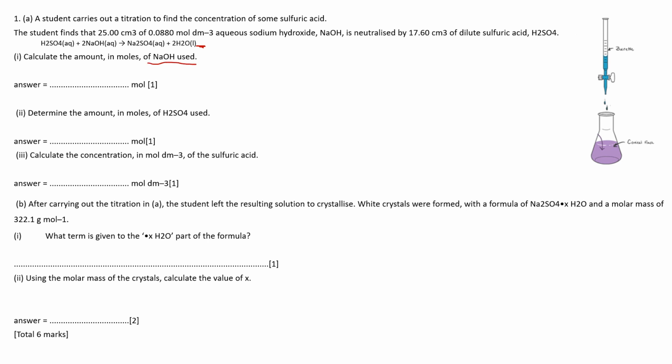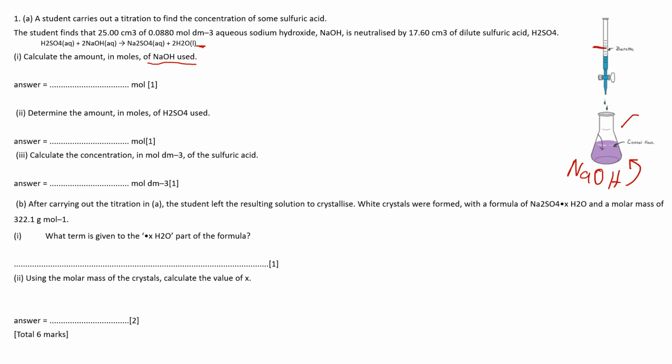Before we do, just a refresher on what titration is and how it works. In this example, we have a known volume and concentration of our NaOH, our sodium hydroxide. That would be in this conical flask, and then we have a volume of dilute sulfuric acid measured at the beginning of the experiment, and then we keep dripping.